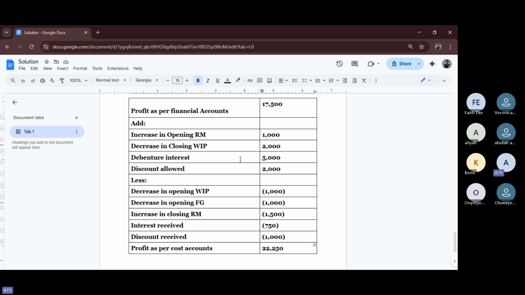Please, ma, I have a question. Can you explain how debenture interest is an expense? Debenture means debt. So when you borrow from certain people, debenture holders also give you their money, but shareholders expect to receive dividends.